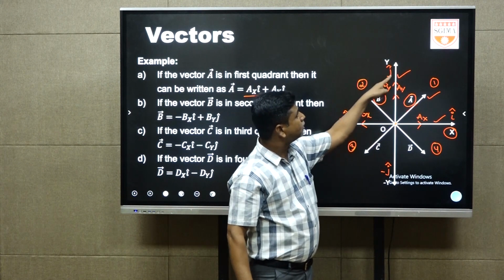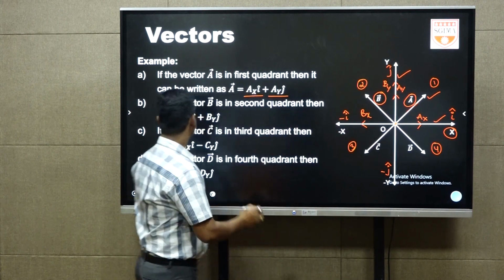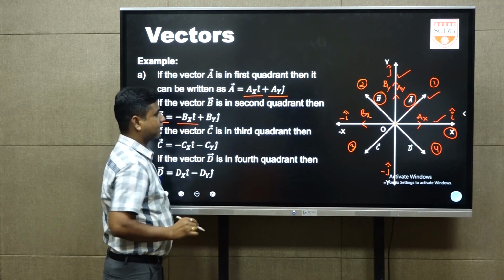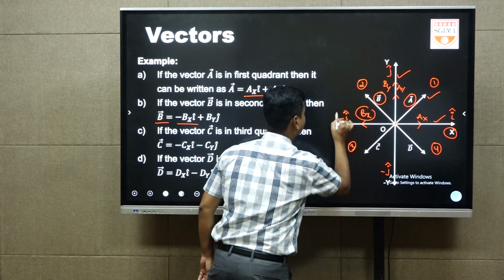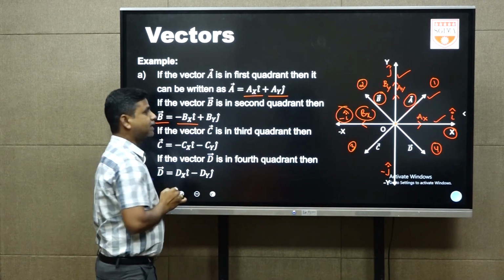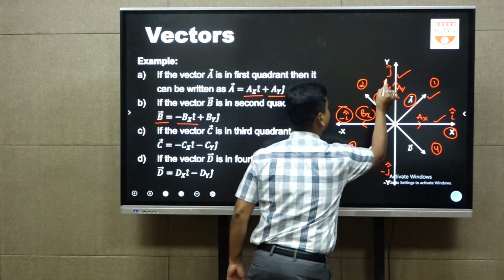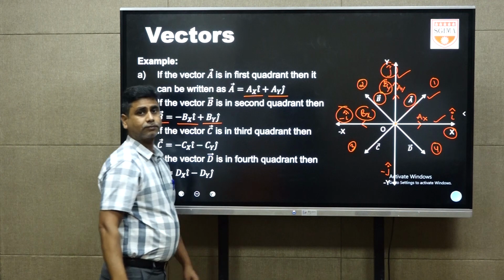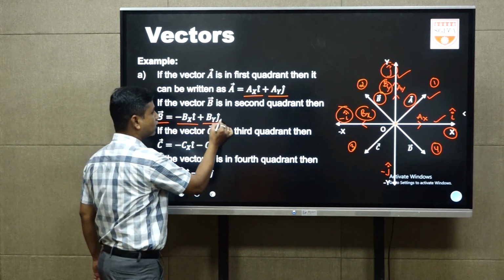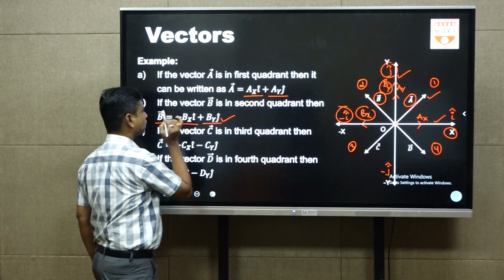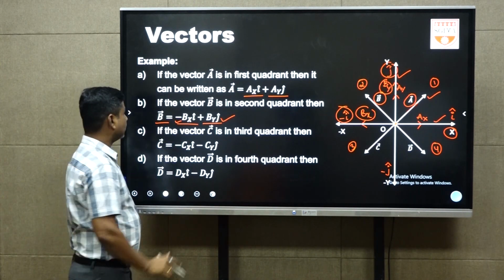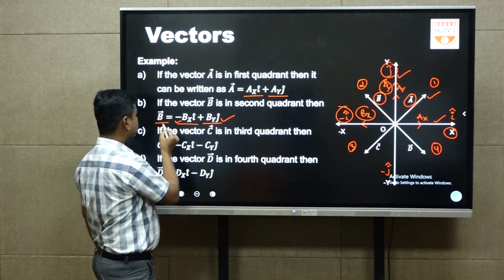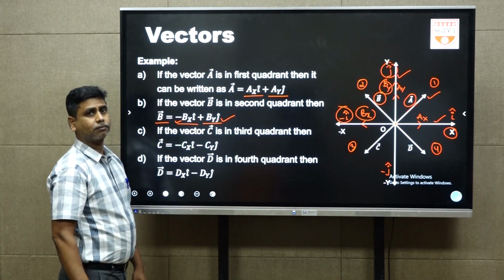By is acting along the positive y direction. There you write the vector form B bar equal to minus Bx i cap plus By j cap. This is one rectangular component acting along the negative x direction, and one more rectangular component acting along the positive y direction. That's why it is the vector form for B bar.